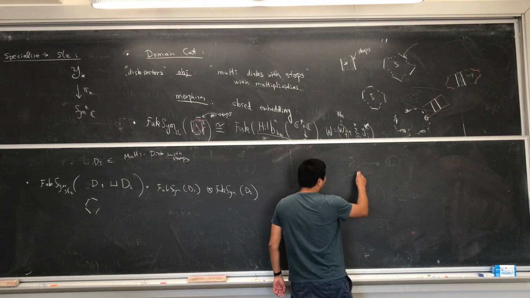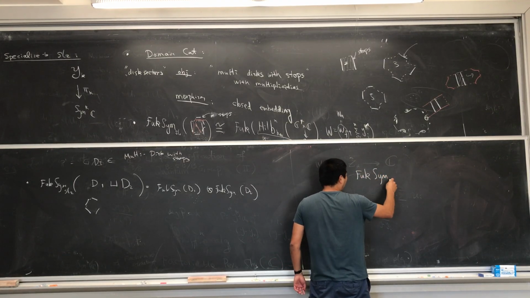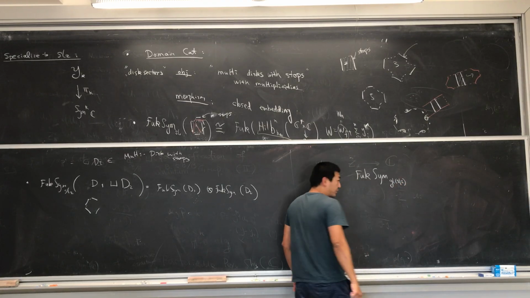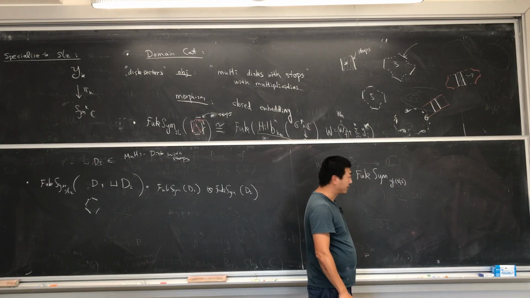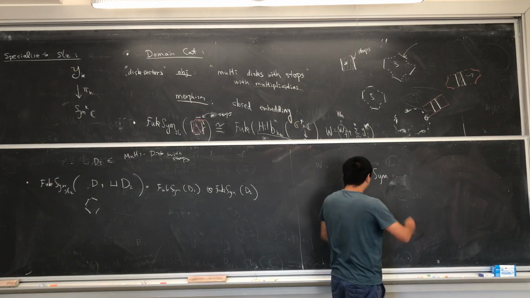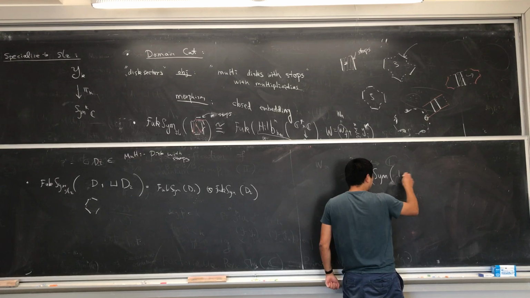Maybe a more elementary one, we usually call it Fuchs-Sim GL11, or just omit this GL11 altogether. It's literally just the category of the symmetric product.